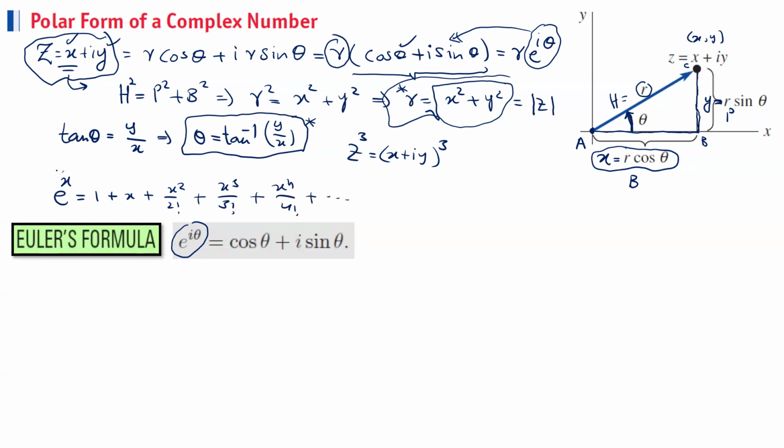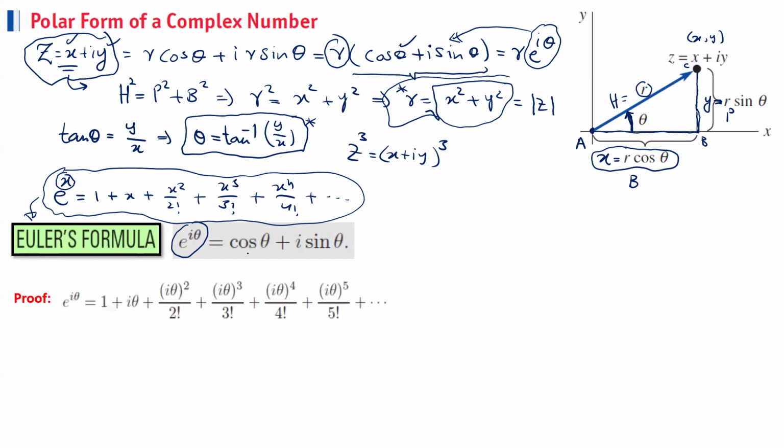If I use this result from elementary calculus, I can derive this Euler formula. To derive this result, I need to put i theta for x. So if I put i theta here, this will become 1 plus i theta plus (i theta) squared plus (i theta) cubed plus (i theta) to the 4, and so on. Then we can do a little manipulation and we'll get this result.